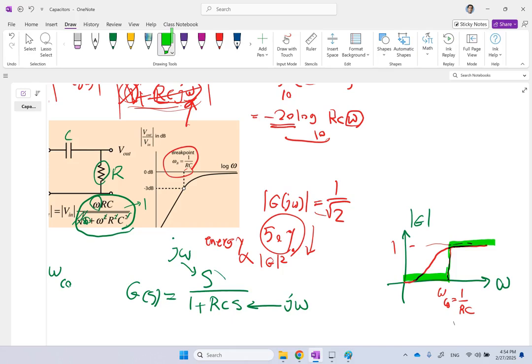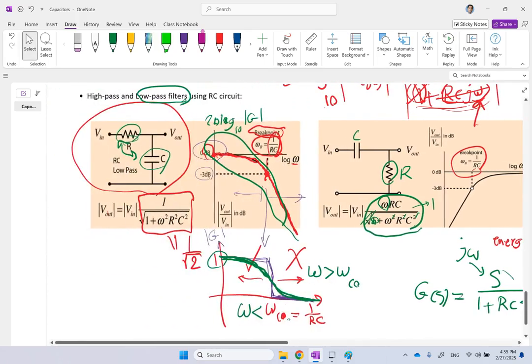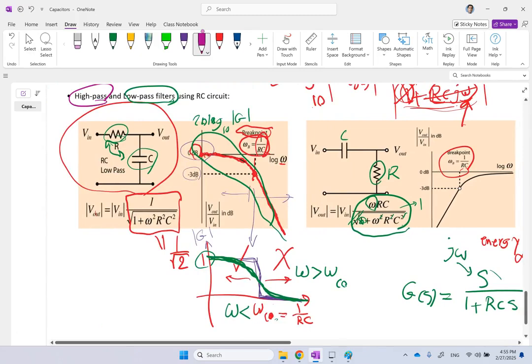Above this frequency, your filter does not attenuate this signal. So for omega above omega cutoff, you're good. For omega below omega cutoff, it is going to reduce the energy of the signal. So it allows high frequencies to pass and kills the low frequencies. That's why we call it a what? We call it a high pass filter.